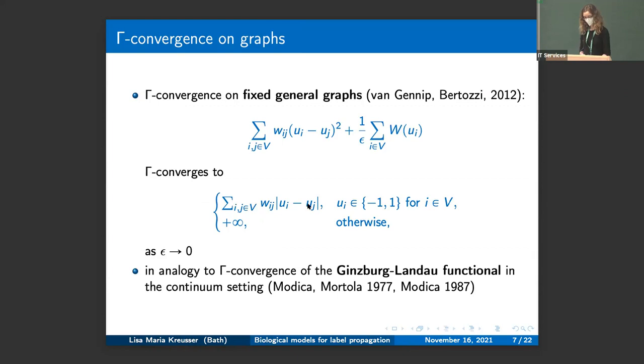Then this first term is satisfied, whereas otherwise the function will just blow up. And in fact, a result like this, which was proved by Van Gennip and Bertozzi already a few years ago, is an analogy to the gamma convergence of the Ginzburg-Landau functional.